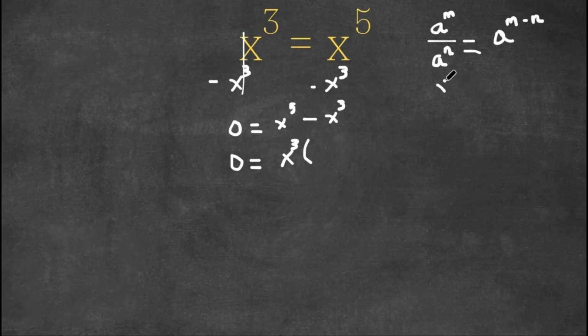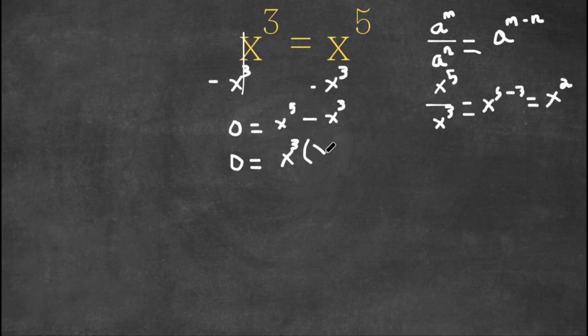So x to the power of 5 divided by x to the power of 3 is equal to x to the power of 5 minus 3, and 5 minus 3 is 2, so this is equal to x squared, or x to the power of 2.